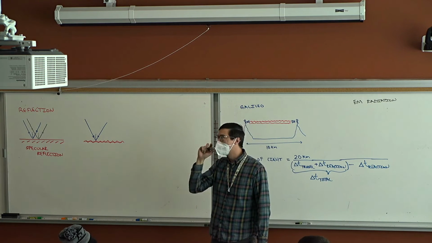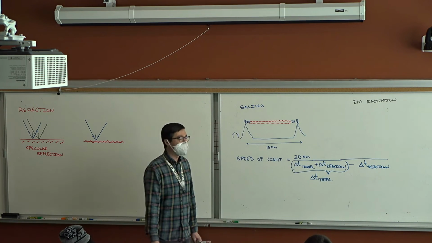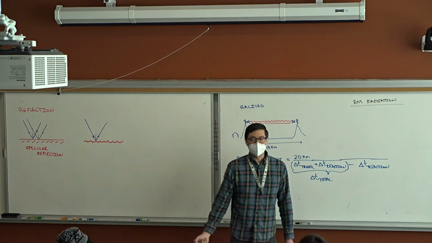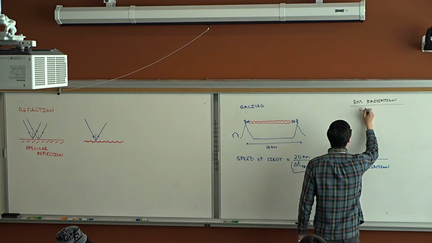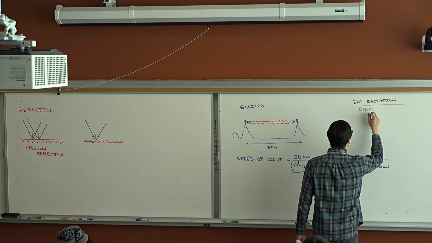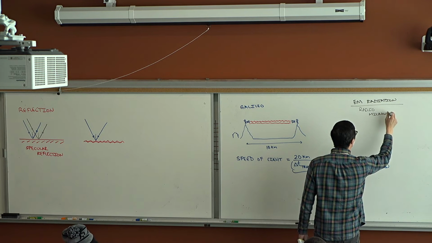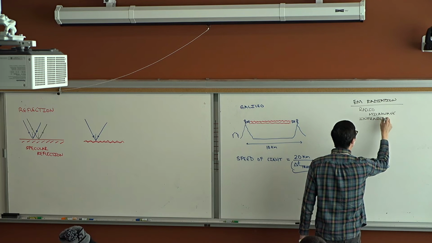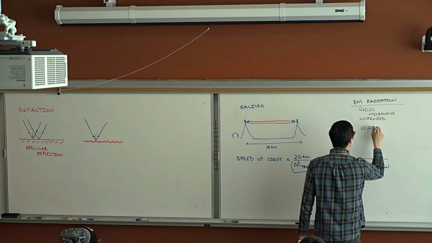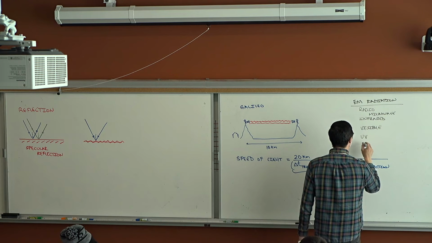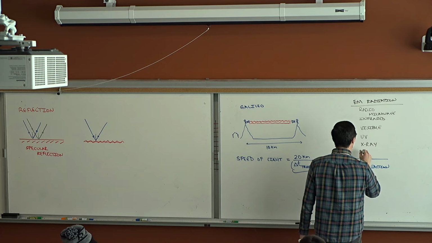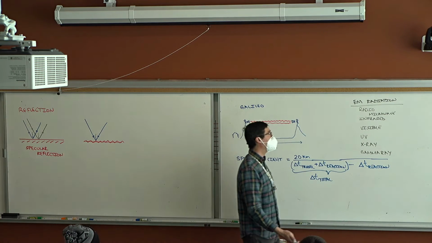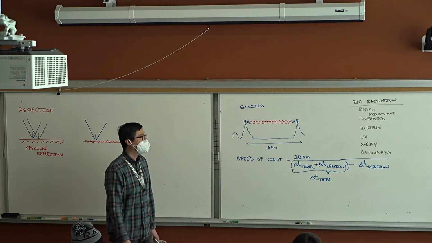So, Maxwell tells us that light is an electromagnetic wave, right? Types of electromagnetic radiation: radio, infrared, visible, ultraviolet, X-ray, gamma ray.